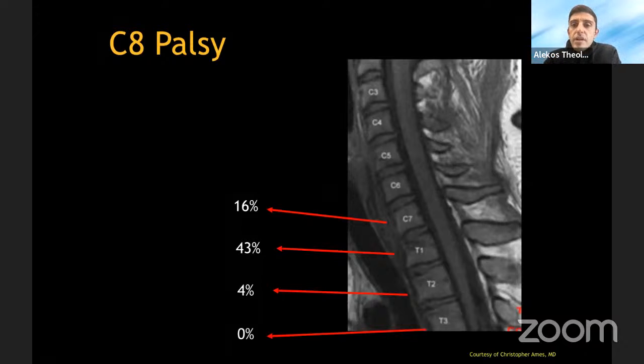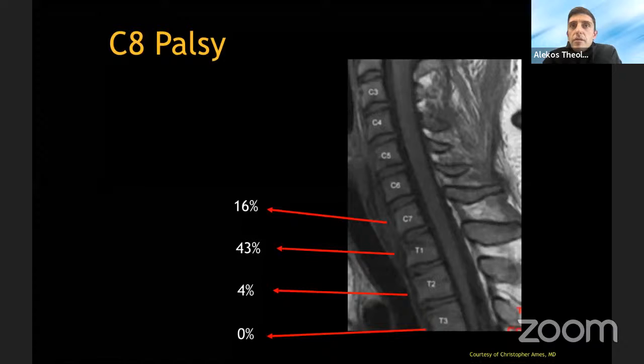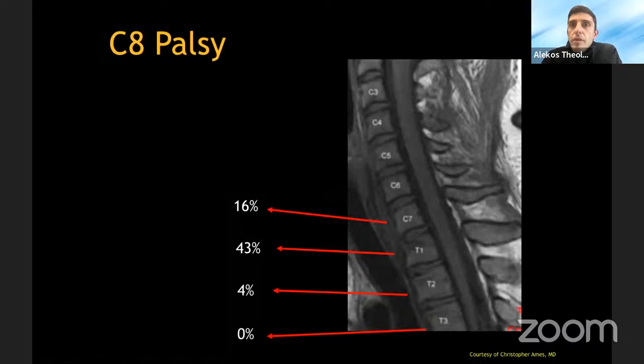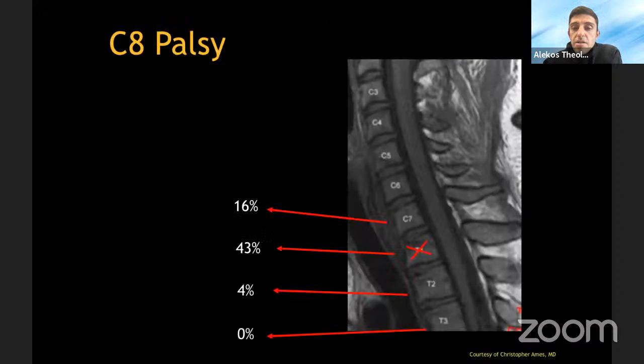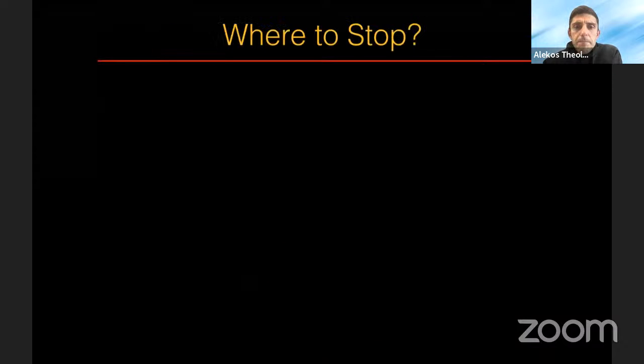The etiology for this is not completely clear, but it may be due to, when there's realignment of the cervical spine sagittally, the C8 nerve, the lower brachial plexus, tents over the T1 rib, even though it may be removed as part of a T1 osteotomy. There's something that has to do with this area and the C8 nerve and lower brachial plexus. So we really don't do osteotomies at T1 anymore if we can avoid it.